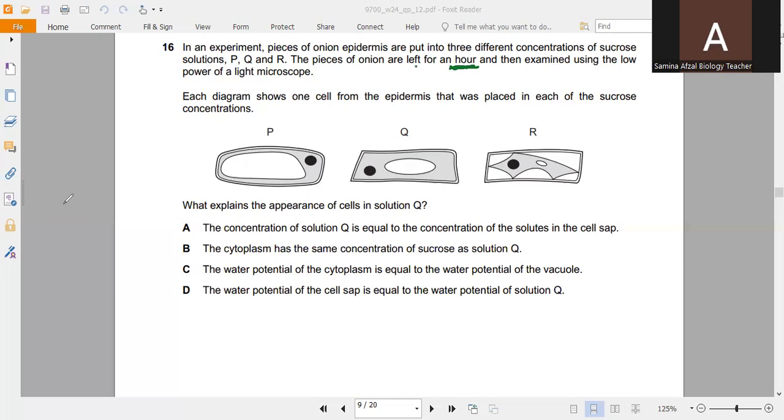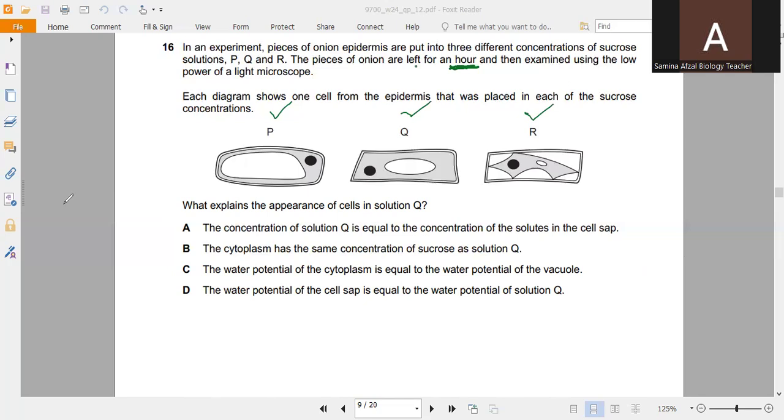Each diagram shows one cell from the epidermis that was placed in each of the sucrose concentration. So these are the three concentration P, Q, and concentration R.